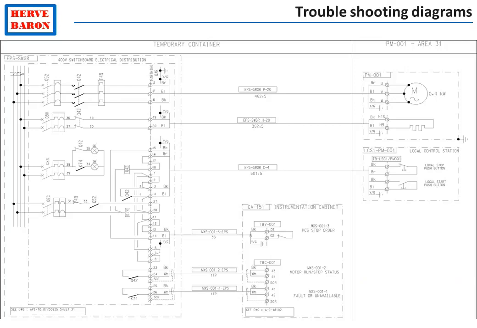Similarly to the instrumentation loop diagram, which shows all information related to one instrument, the electrical troubleshooting diagram shows all information related to each consumer, including reference of the switchboard and cubicle, numbering of terminals and tags of cables, connections with other systems such as the process control system and emergency shutdown system.